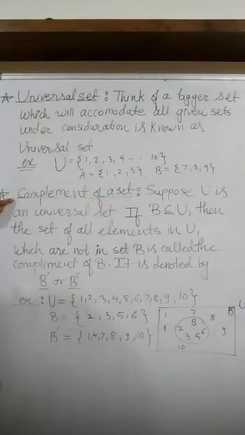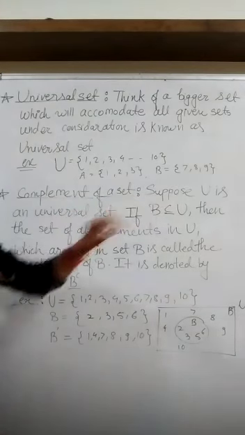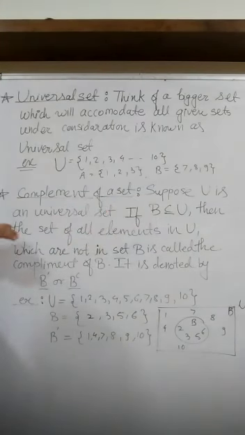Next definition is complement of a set. Suppose U is a universal set. Firstly, for this definition we have to consider U as a universal set.